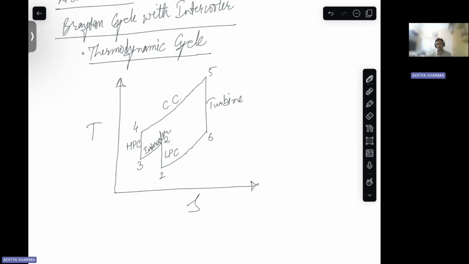The purpose is that with the help of intercooler, the work input that is required to compress your working fluid or air decreases. Okay. So this is fundamentally the work of your intercooler.